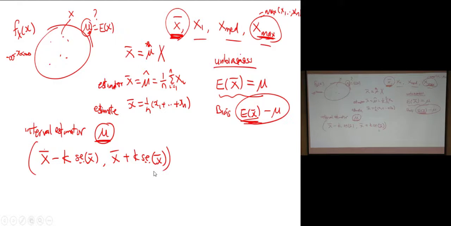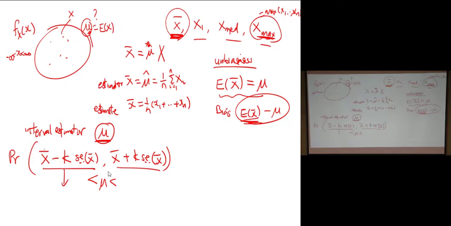So the idea is that we try to construct an interval with this as a random variable and this as a random variable, such that the probability that the lower one, which I call theta L, is less than mu and the upper one is greater than mu, is 1 minus alpha.